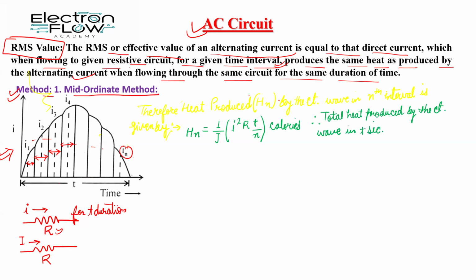It is given by H is equal to 1 upon J multiplied by I1 square R multiplied by T divided by n, plus I2 square R multiplied by T divided by n, and so on up to In square R multiplied by T divided by n.